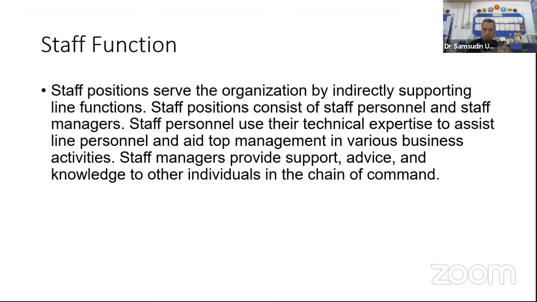But if the staff function does not meet the deadline, because they don't have a deadline and are just doing their routine job, then based on this experience, the staff failing to meet the deadline can cause the line function to be affected.